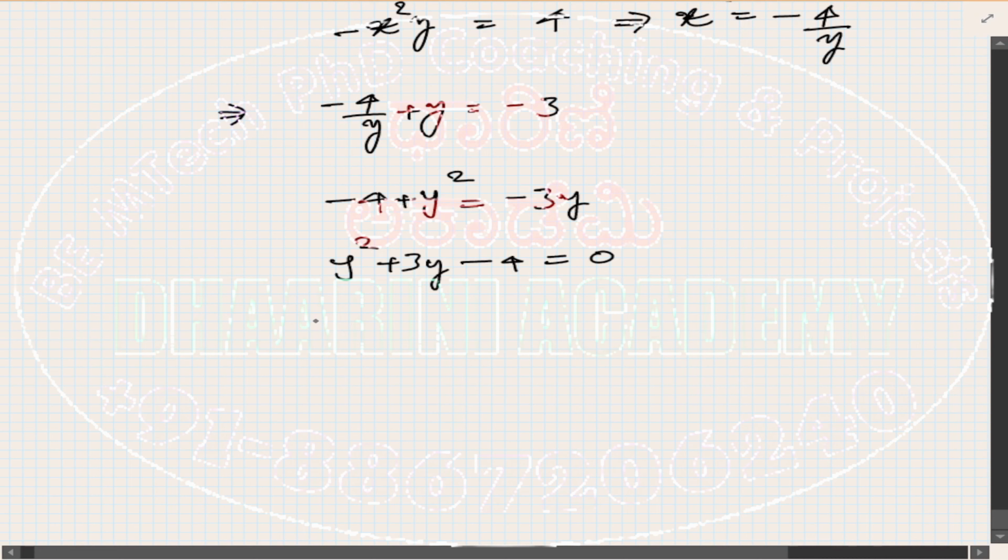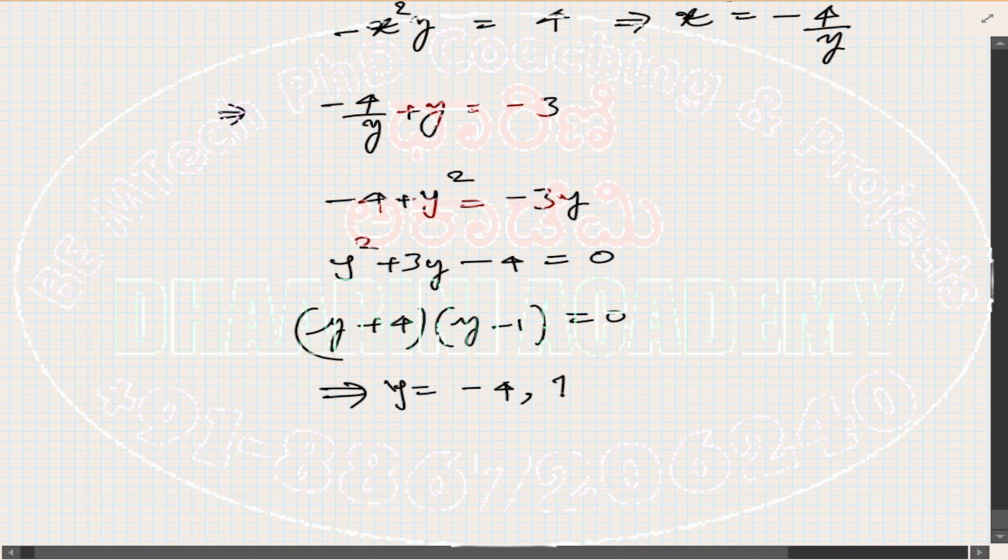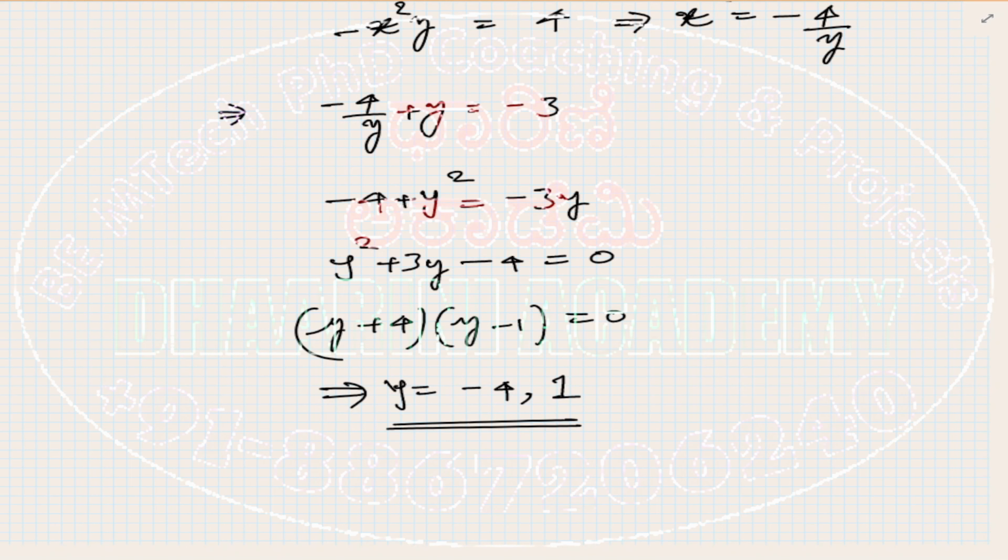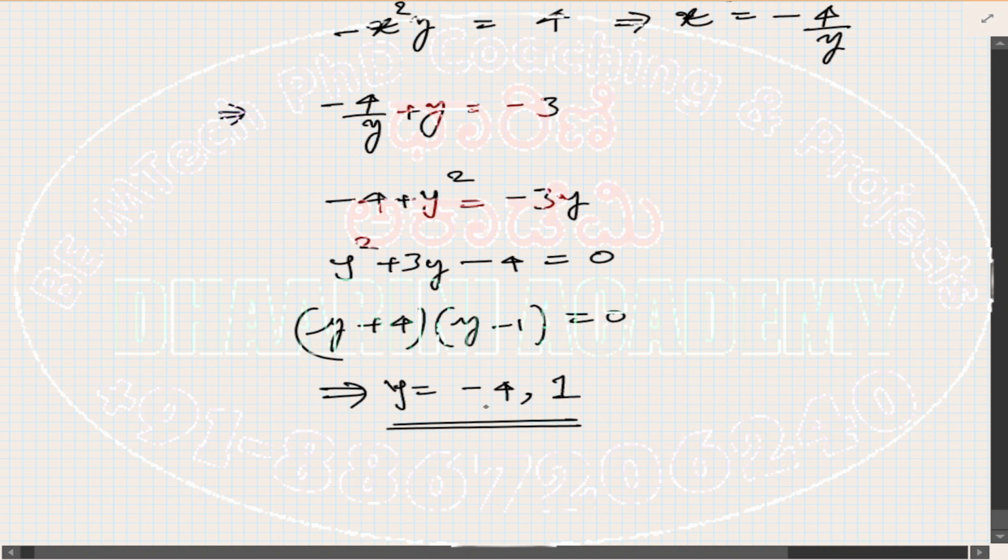All right. So if you try to find the roots of this equation, you're going to factorize. Straightforward, you can write it as y plus 4 and y minus 1 equals 0. So the result is that y could be equal to either minus 4 or plus 1. Now I need to identify which values of y are going to match.